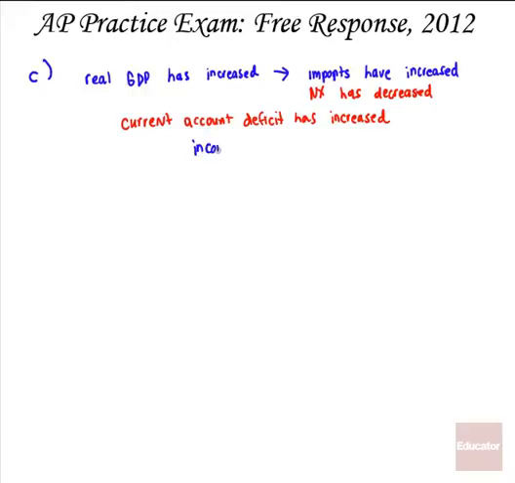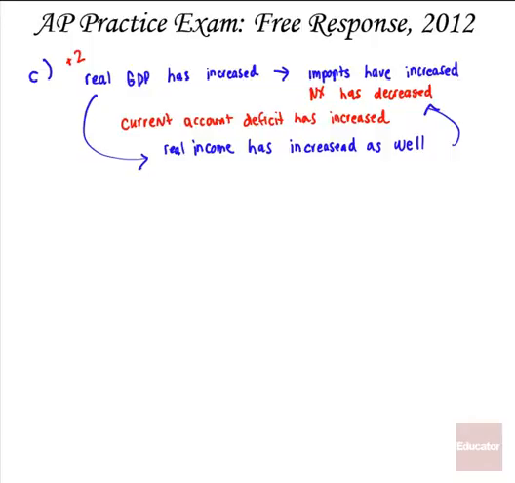Real GDP has increased, and so real income has increased as well, which leads to net exports decreasing. So you get 1 point for identifying that the current account deficit will increase. And the second point is saying that the increase in real GDP increases income, and that's going to cause net exports to decrease. So that's 2 points right there for part 1.